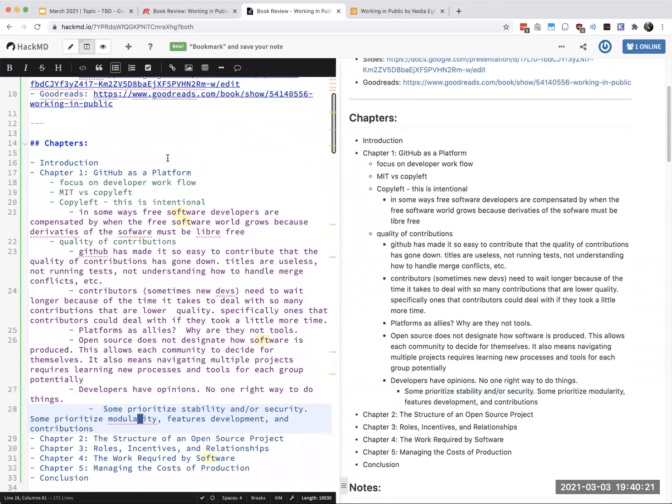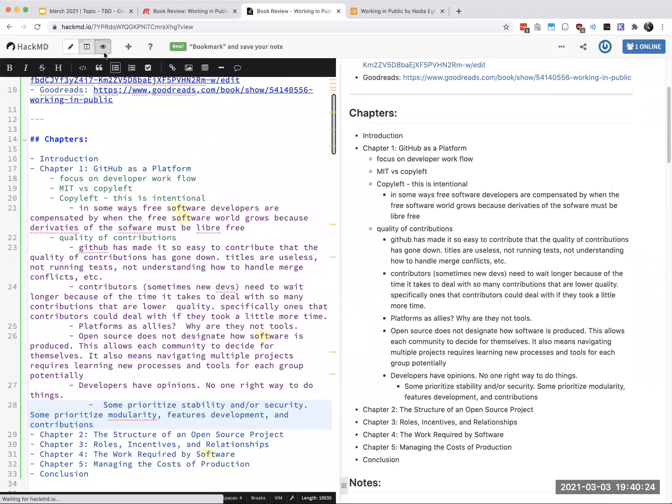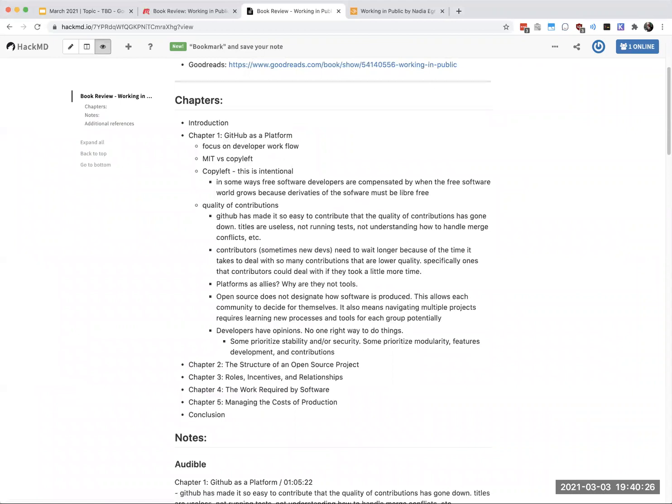First chapter, I really was not that interested other than a couple of stats that they had in there. There's a study that found that in more than 85% of the open source projects on GitHub, less than 5% of developers were responsible for over 95% of the code and social interactions.